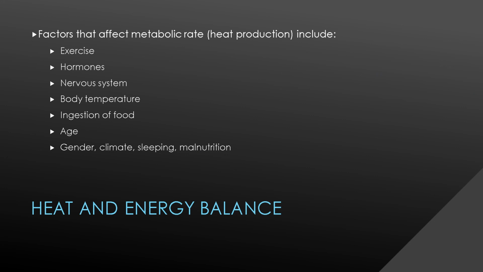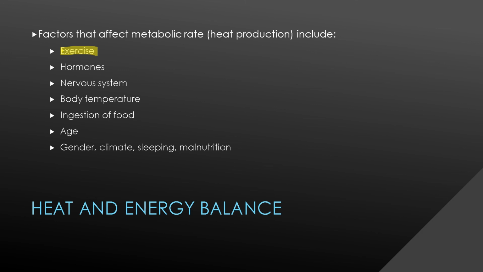The production of body heat is proportional to metabolic rate. And several factors affect the metabolic rate and therefore affect the rate of heat production. Our first one being exercise. So during strenuous exercise, the metabolic rate may increase to as much as 15 times the basal rate.